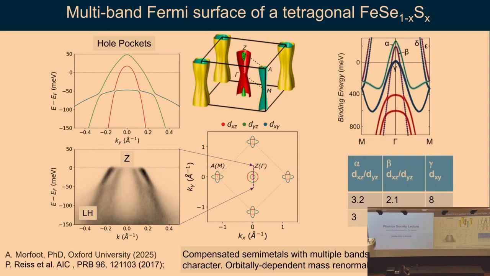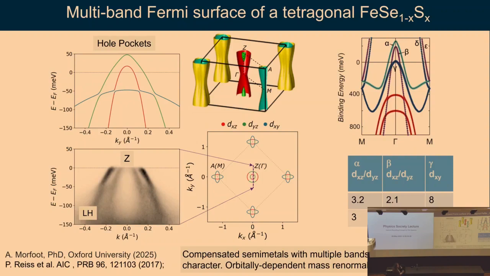These are band structure calculations that we can do. It shows that you have a multi-band Fermi surface composed of 4 different pockets. So you have the red one, hole-like, the little green one is also hole-like, and only present around the Z point. And then we have 2 electron pockets at the corner of the Brillouin zone.